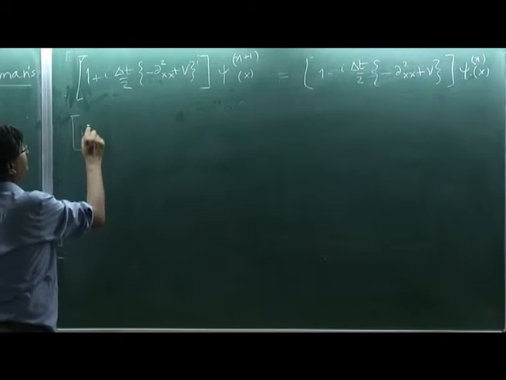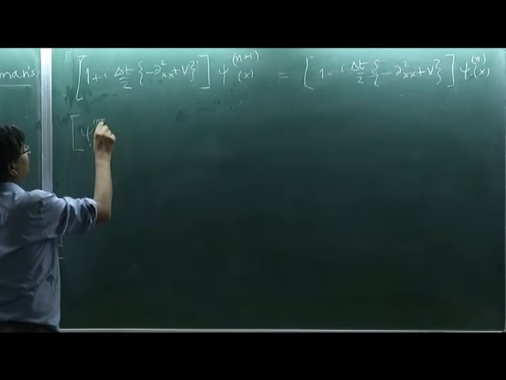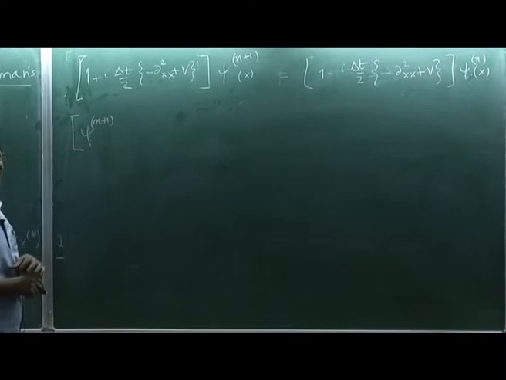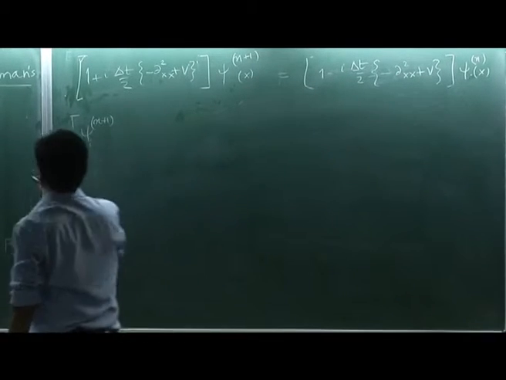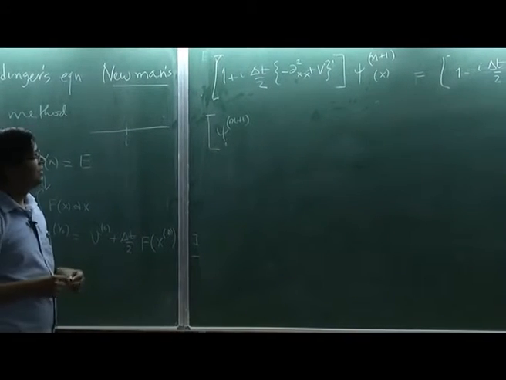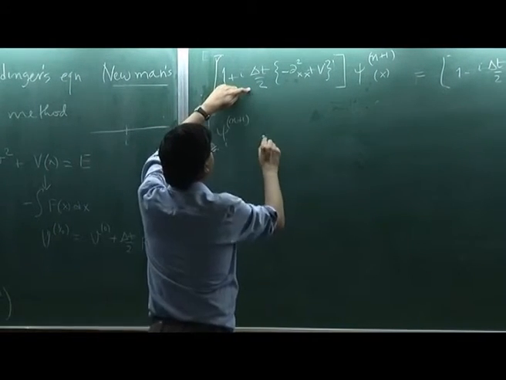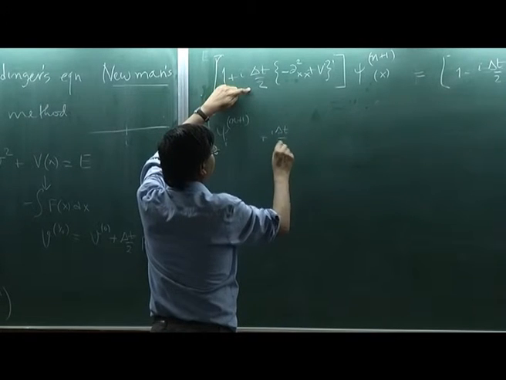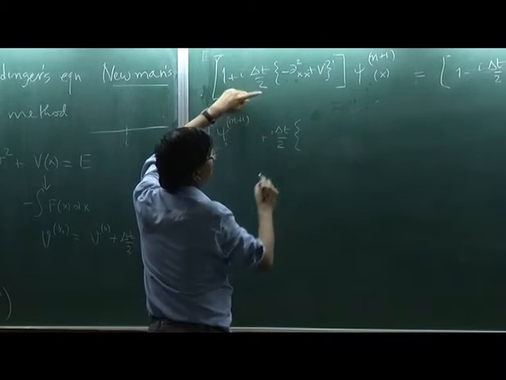So the first term will be ψ of i at n plus 1, space discretization. I hope it's clear to everyone. So I am looking at this position i. Now what about this one, i Δt by 2? What happens to the second derivative?